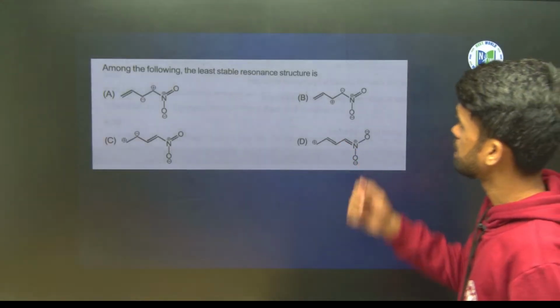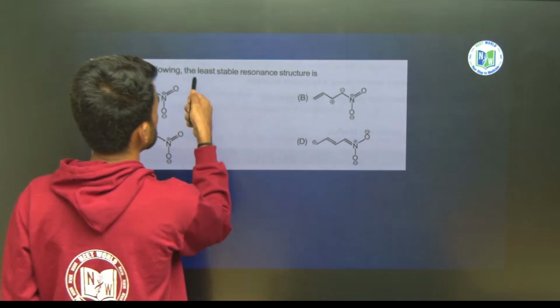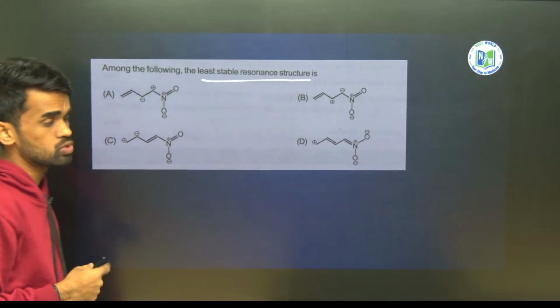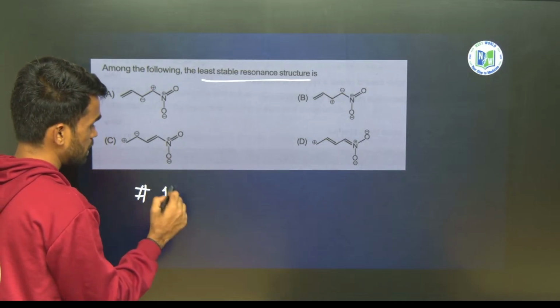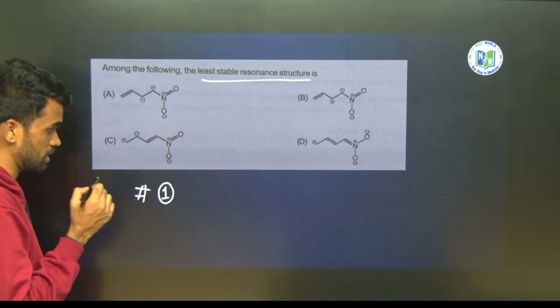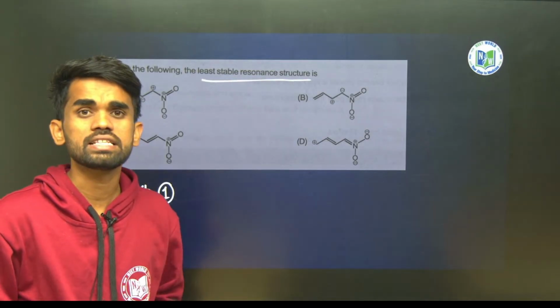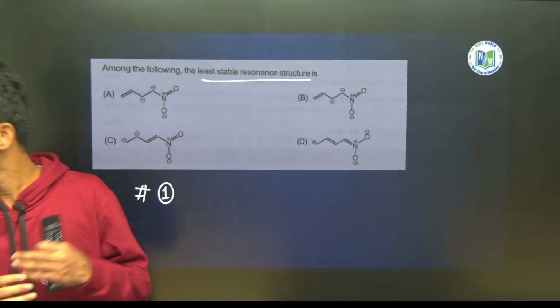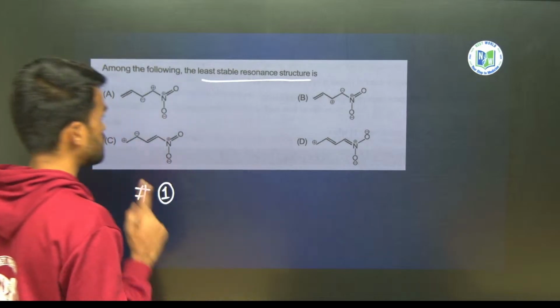Yeah. Next, among the following, the least stable resonating structure is what? Whenever you are writing resonating structures, the first thing is that the resonating structure having more covalent bonds is considered more stable. The more covalent bonds in the given structure, the more the stability. Okay, that is the first factor.